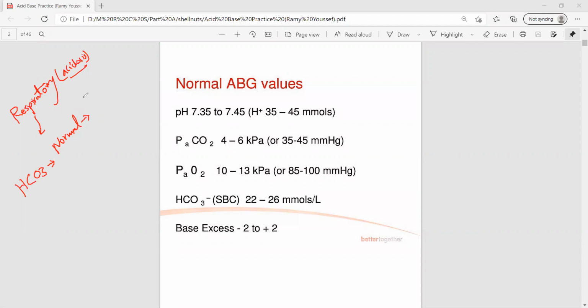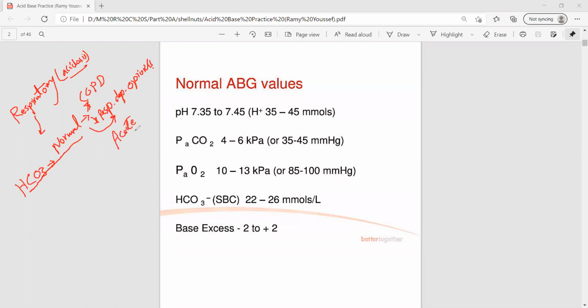Maybe COPD or respiratory depression by opioids. What do you expect to find if this is normal? Sir, it may be respiratory depression by opiates. Okay, why?